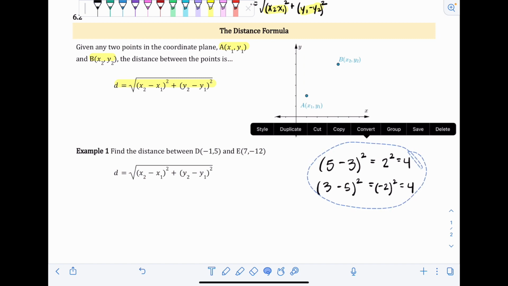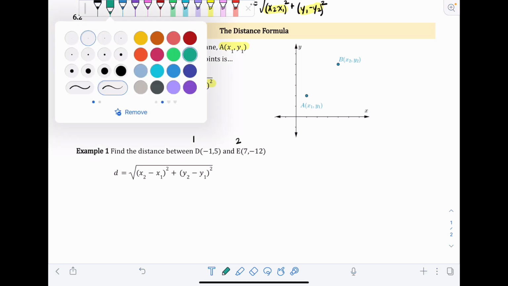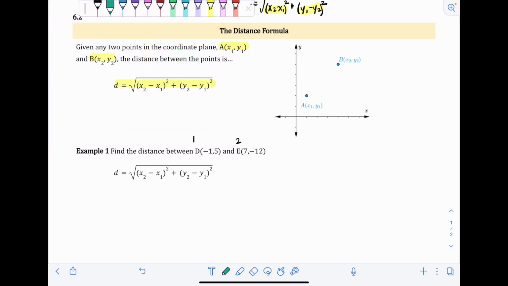The only thing that you can't really mix up is the x's and the y's. So make sure that x's go in the x spots and the y's go in the y spots. So I'm going to say that D is my point 1 and E is my point 2. So I'll make this my x1, which is -1, and then my y1 will be 5, and then x2 will be 7, and y2 will be -12.